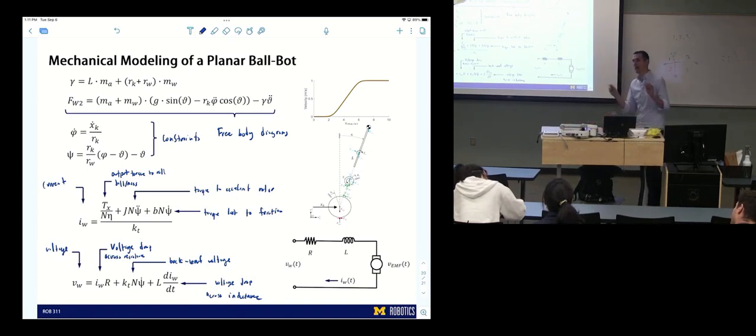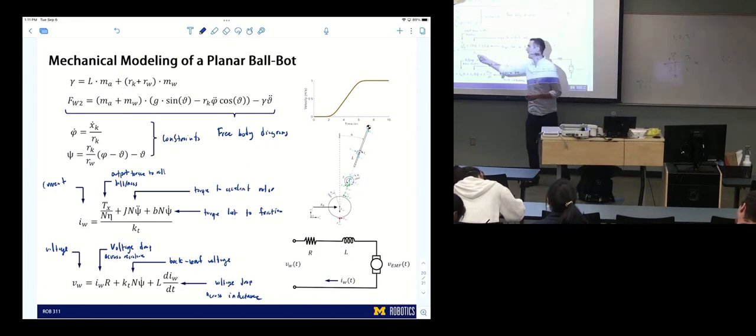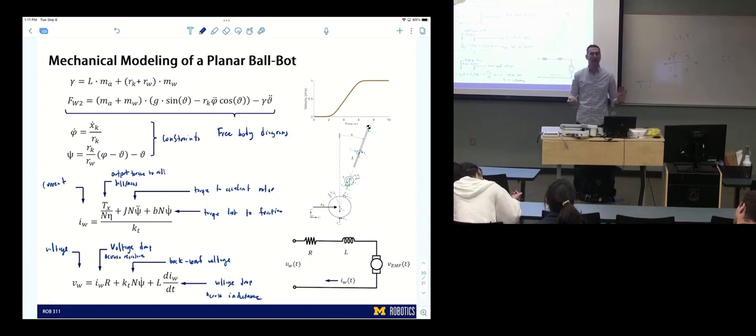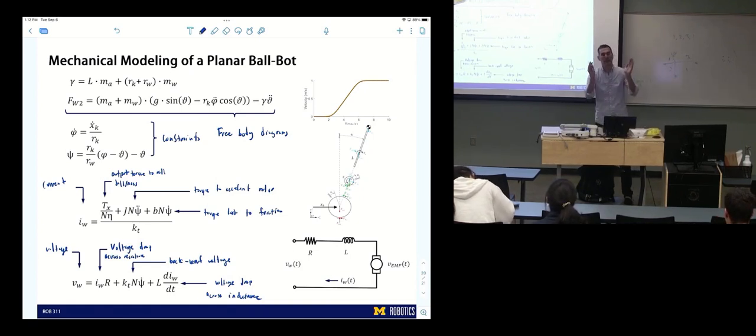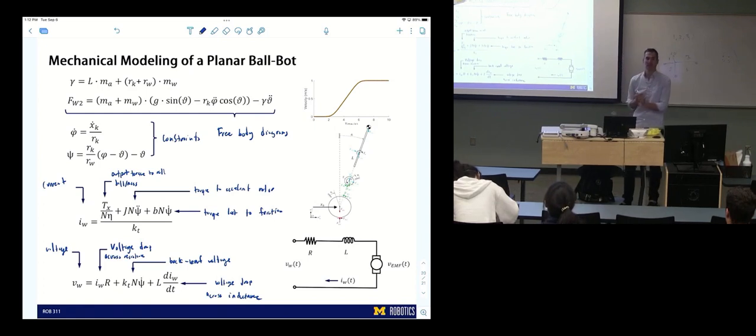One quick thing that I want to mention, at the risk of confusing you, but my fear is you'll notice this later when you review the notes: in these equations I included n. But in the previous equations where we were modeling the motor, there wasn't an n. It didn't include the transmission ratio, it was just about psi. The reason is that in both the thesis, which is a reference for you, and our internal work, we don't have a variable for the motor's rotation. We have a lot of variables for rotations, but not the motor's rotation. What we have is a variable for the wheel's rotation, psi.